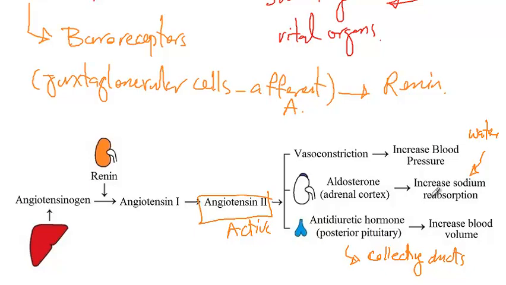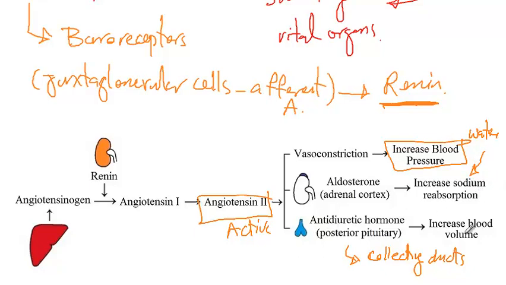So just recall, the baroreceptors responded to low stretch, or in other words, low blood pressure, as a consequence of which renin was secreted and angiotensin 2 got activated. Now there is increased blood pressure by vasoconstriction, increased blood pressure due to increased sodium absorption, and since water follows, blood volume increases, and consequently blood pressure increases again.